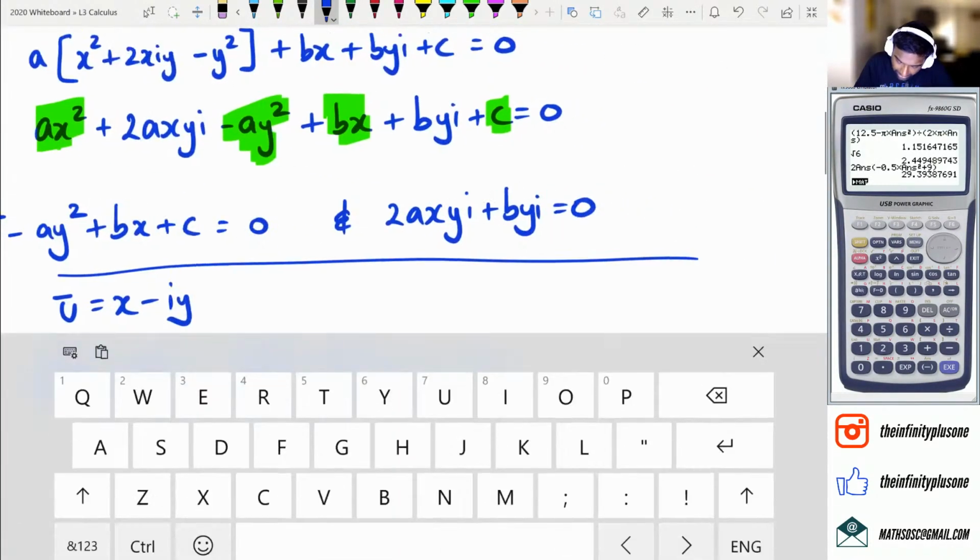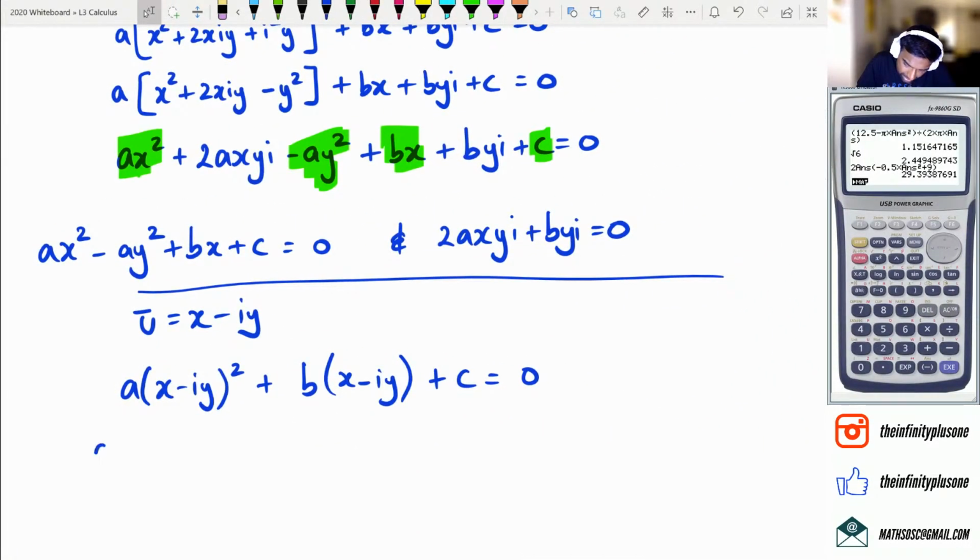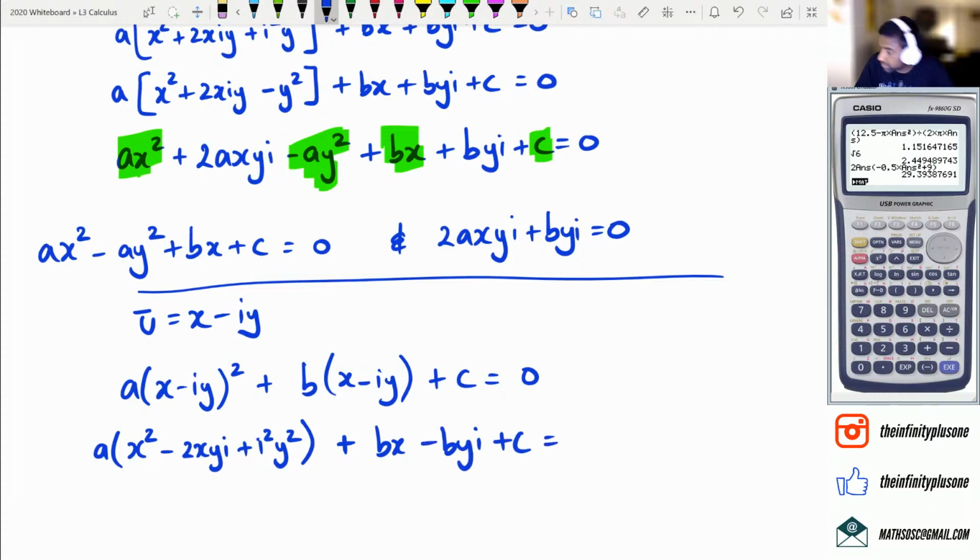Cool. So I'm going to expand this out now. Same process again. So a, I'm going to get x squared minus 2xyi plus i squared y squared, plus bx minus byi plus c equals 0.